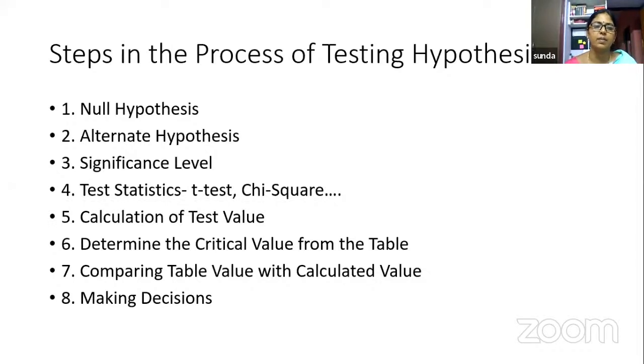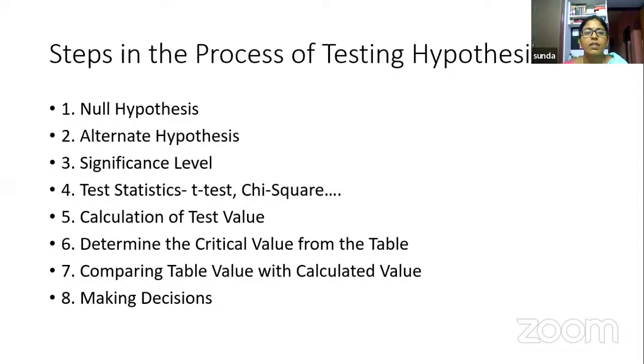You will either accept or reject your null hypothesis. A hypothesis is an assumption with which you start your research. The null hypothesis is framed for the purpose of rejecting it. Usually, the researcher's objective is to reject the null hypothesis only.